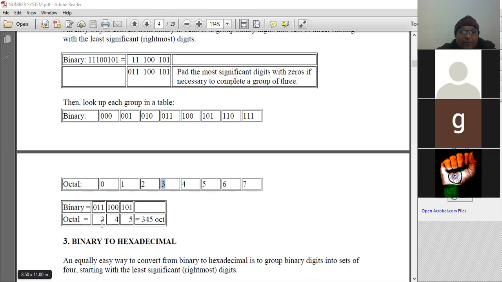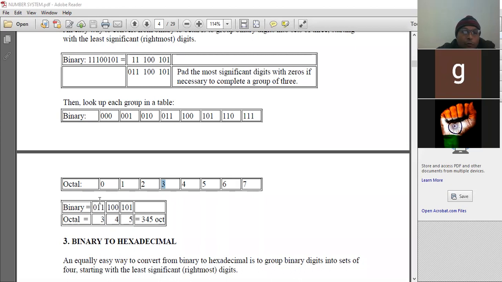This 1 is in the 0th place, so 1 into 2 raised to 0 is 1. The next 1 is in the 1st place, so 1 into 2 raised to 1 is 2. So 2 plus 1 is equal to 3.